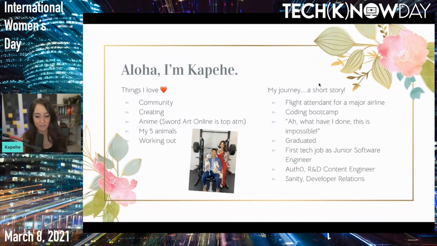I graduated, and I got my first job as a junior software engineer at a local startup in Las Vegas. That's where I live. And then I got a job working at Auth0 as an R&D content engineer, and I wrote technical content there. And now I work at Sanity, and I do developer relations, and I love it. So it's been a great journey. It's been a tough journey, but I wouldn't trade it for anything.